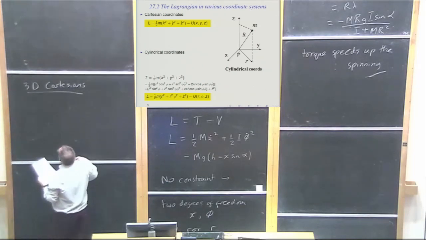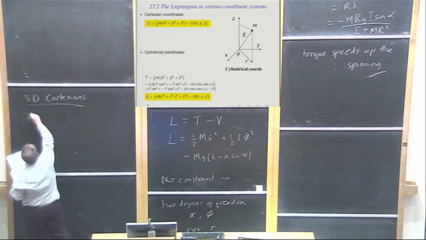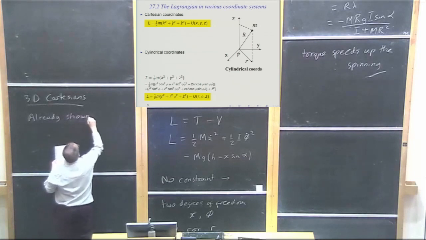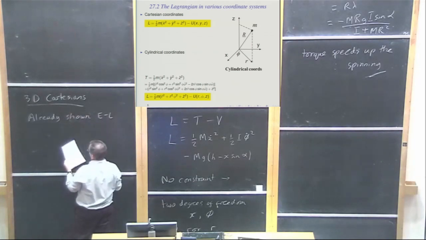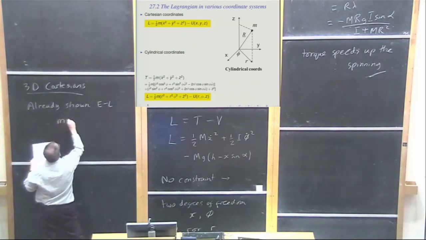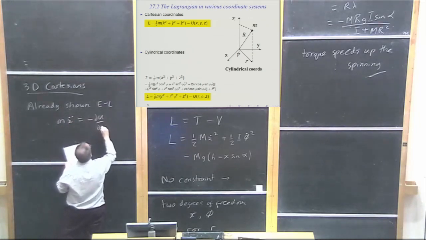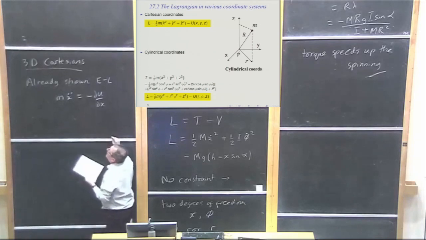And then we've already shown what the Euler-Lagrange does with it. We've already shown that Euler-Lagrange gives m x double dot equals minus dU by dx. We showed that yesterday.